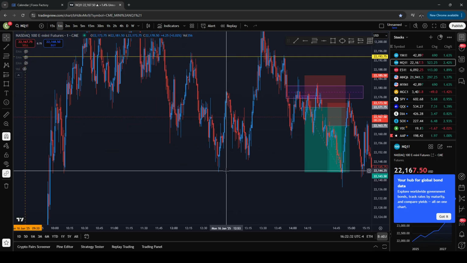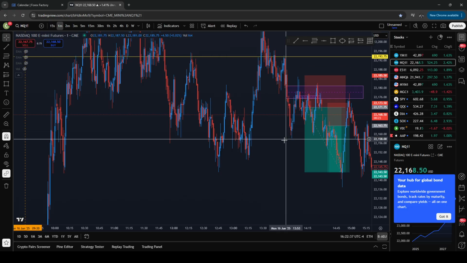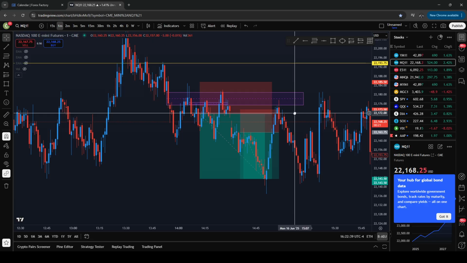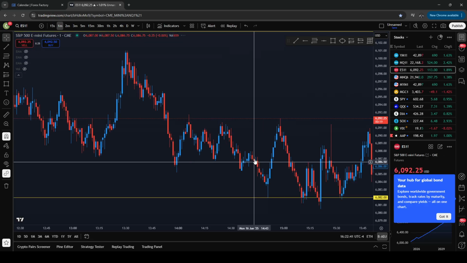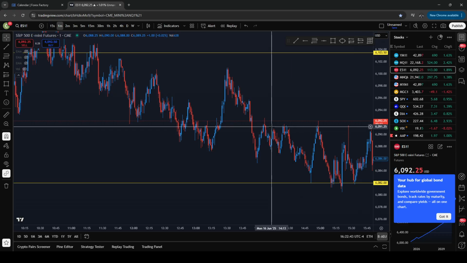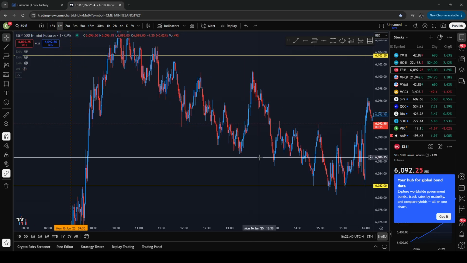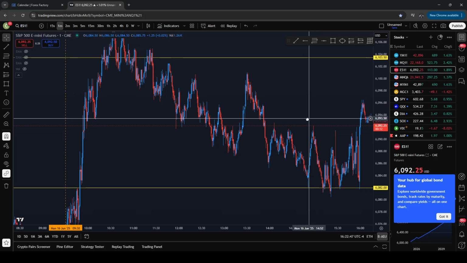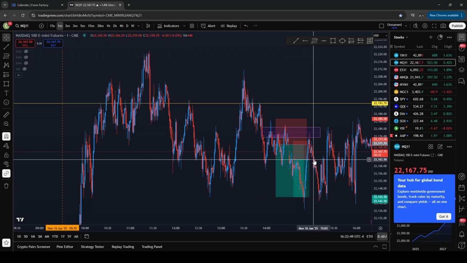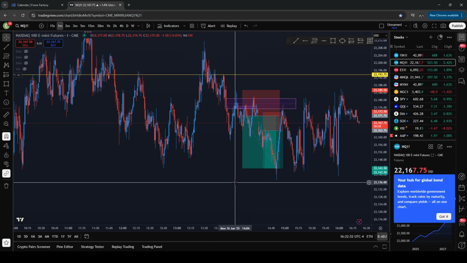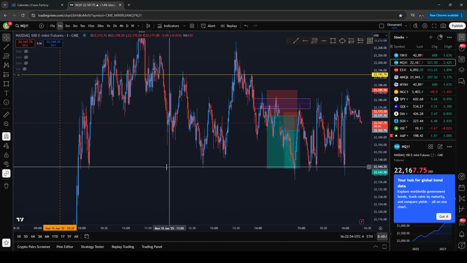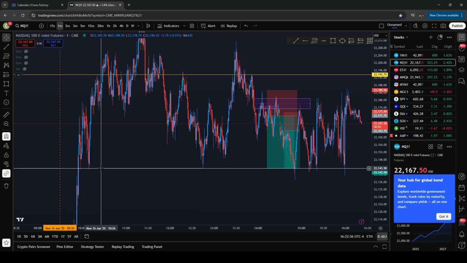I was targeting these relative equal lows right here, and I knew it was achievable because of ES. As you can see, ES was running lower and lower while NQ was staying above. So eventually I knew NQ was at least going to make a run towards these lows.